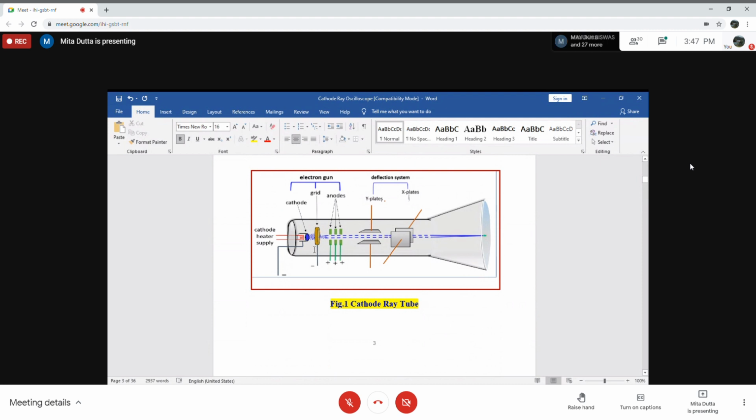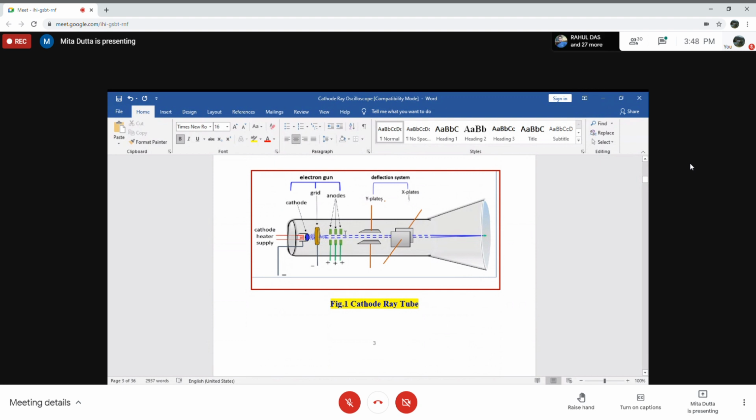Now, this beam of electrons, as we have seen from the figure, passes through 3 sets of anodes: the pre-accelerating anode, the focusing anode, and the accelerating anode.